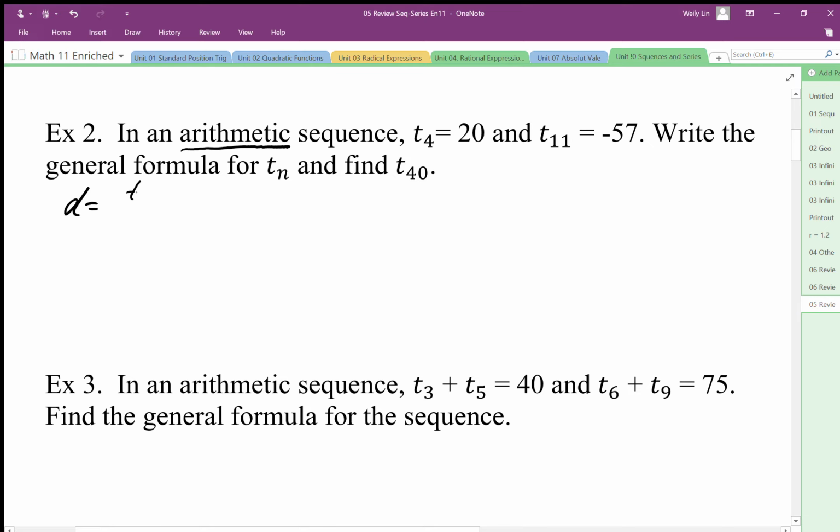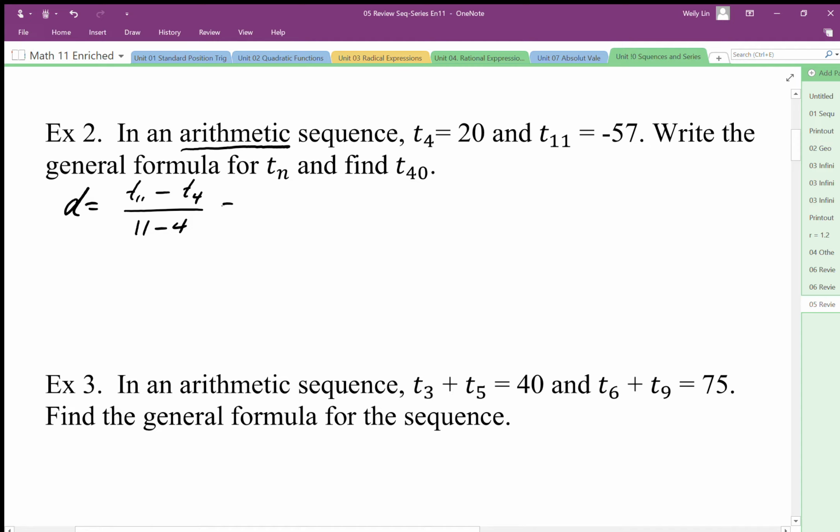If I find the difference between T4 and T11 and divide that by the number of steps, it will give me the average step, or in other words, D. The number of steps from 4 to 11 is 7.